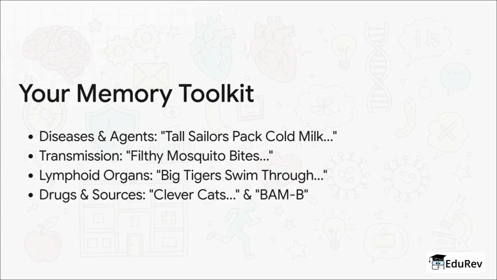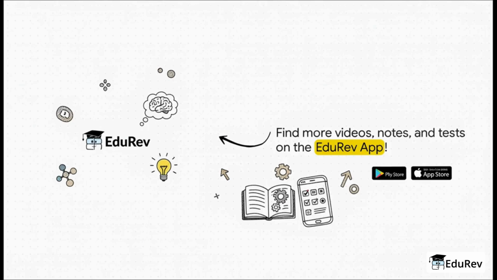We used tall sailors for diseases and their agents, filthy mosquito for how they spread, big tigers for all the lymphoid organs, and finally, clever cats plus BAMB for drugs and their sources. This is your brand new memory toolkit. I really hope these tricks help you feel a lot more confident heading into your exams.